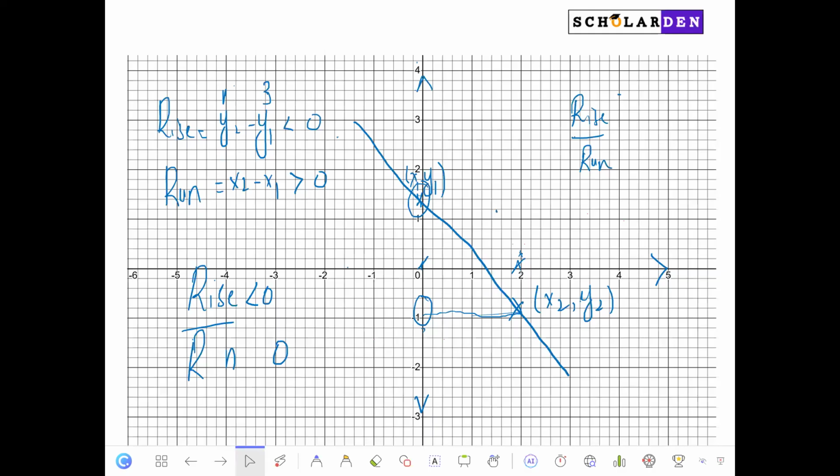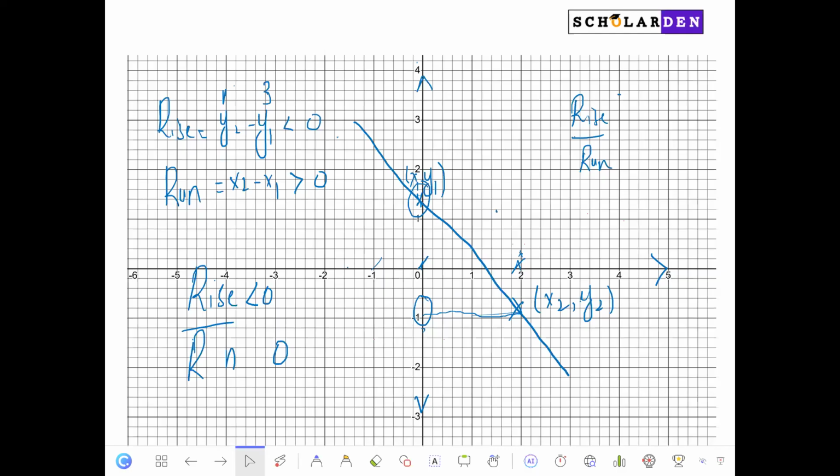If you look at the nature of fractions, if a positive number is being multiplied by a negative number, or similarly in case of division, a negative number is being divided by a positive number, or vice versa, the answer is negative.